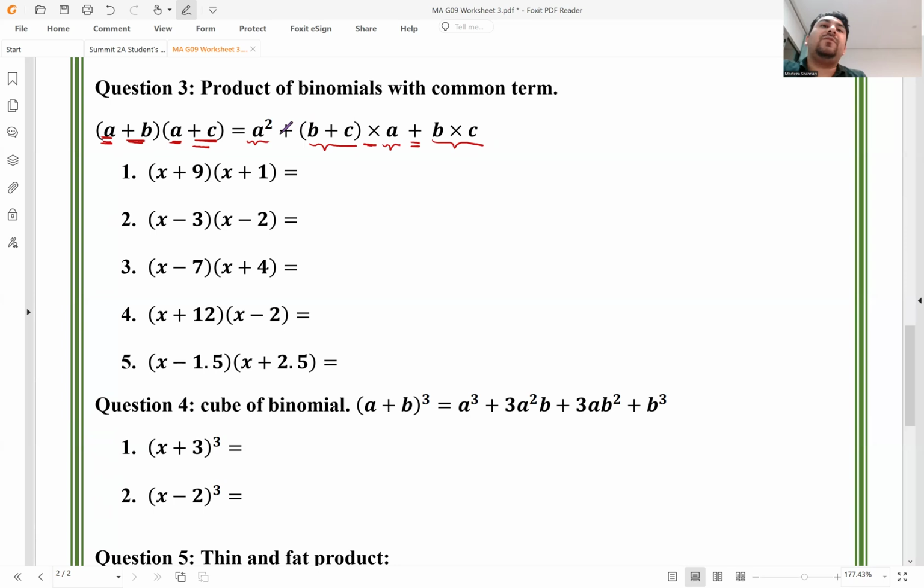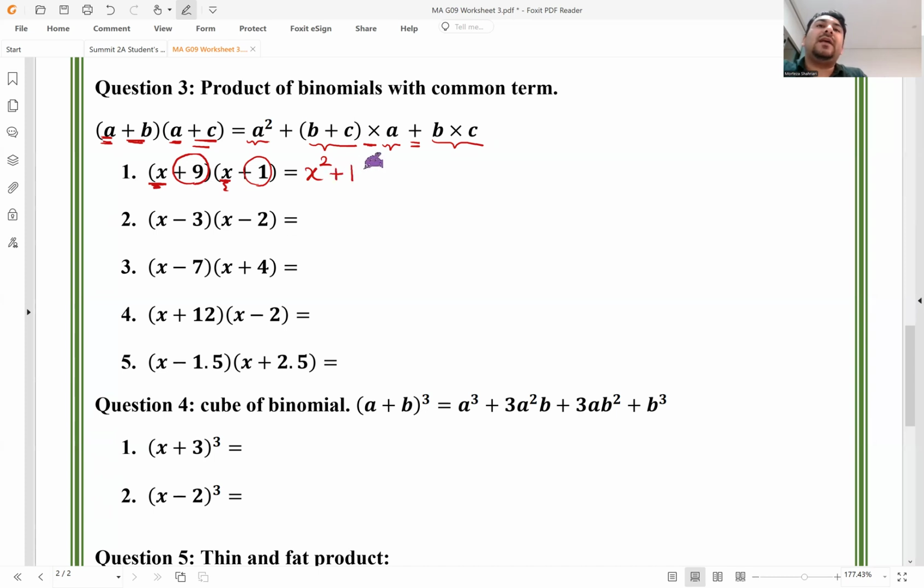Okay, let's apply the formula to each one of the given questions. X plus 9 times x plus 1. The common term is x. X is the common term. So common term powered by 2, x squared. Add the non-common ones. 9 plus 1 is 10.